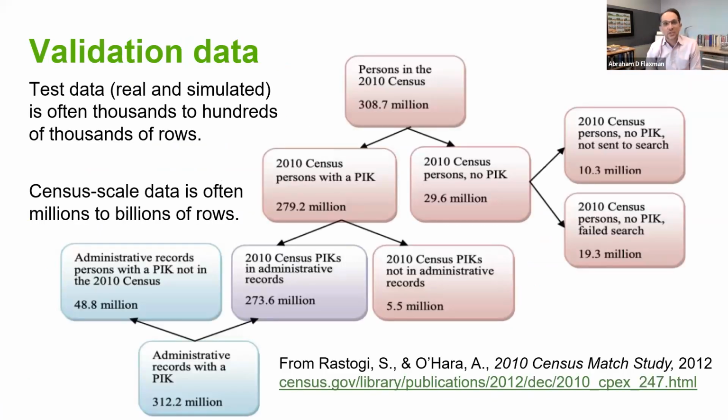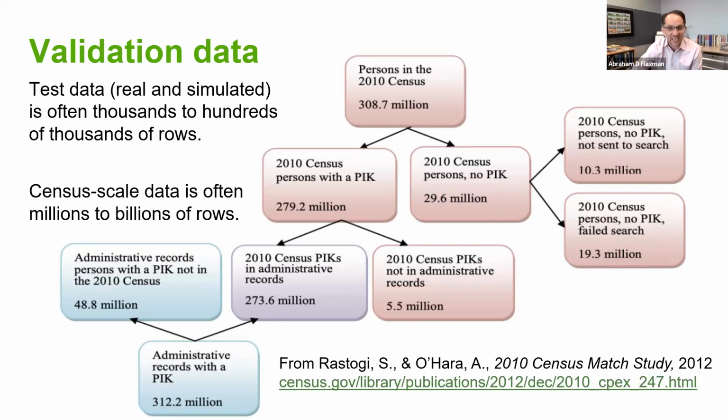Another slide getting at the sort of scale that census data runs into. I kind of alluded to this already, but from a careful study of how the 2010 census matched things between the millions of records collected going door to door with the other millions of records available in the digital administrative data coming from, say, tax filings or social security claims, or all sorts of things, the postal service.